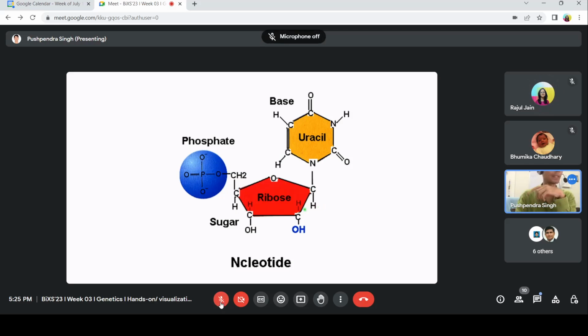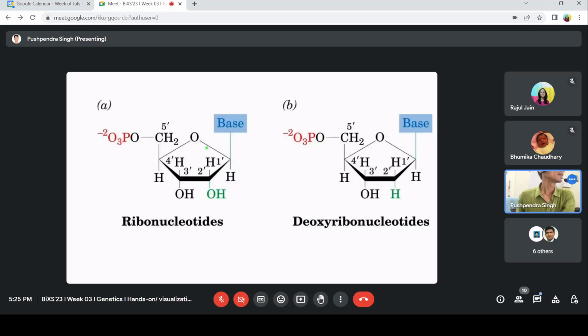Thank you. So I was talking about this common structure that repeats in DNA and RNA. In ribonucleic acid, you have this base attached.